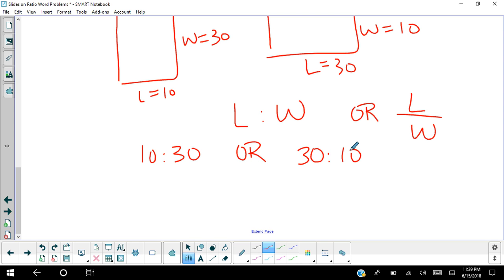Okay? I like to think about my ratios in fraction form just because it reminds me to reduce. You're not going to see a ratio of 10 to 30 or 30 to 10. You're going to see the cleaned up version, and you get the cleaned up version by doing 10 over 30 is 1/3, or 30 over 10 is 3.